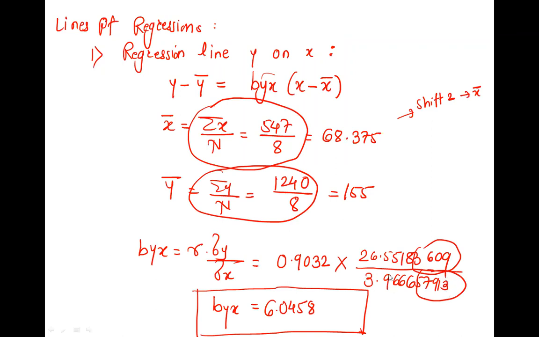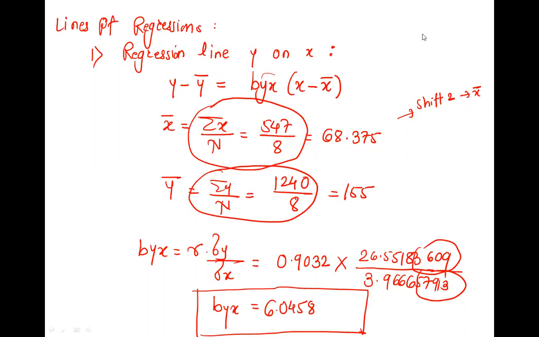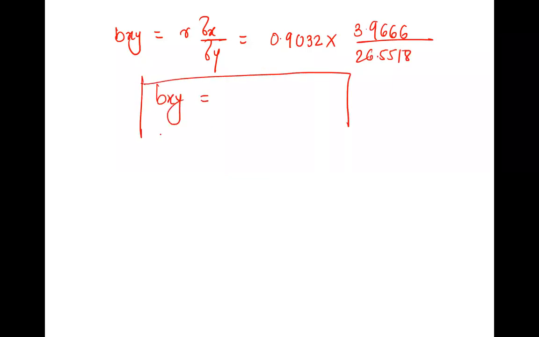Reverse the role, so this is up and this is down now. 3.9666 upon 26.5518. You will get one value, bxy now. 0.1349, up to 4 digits.